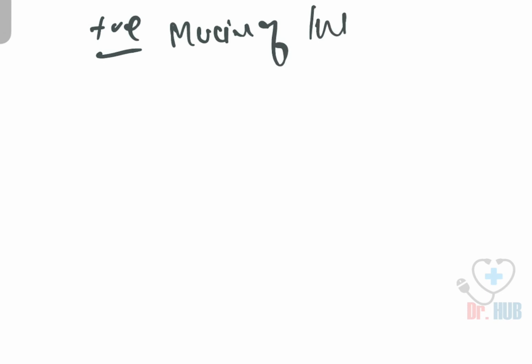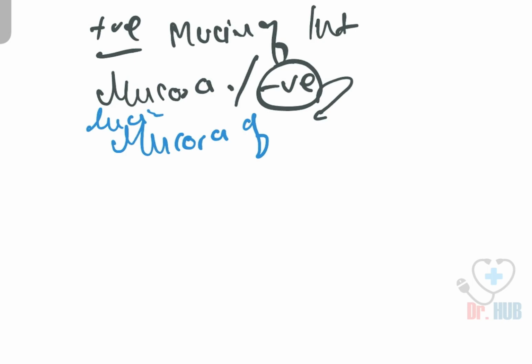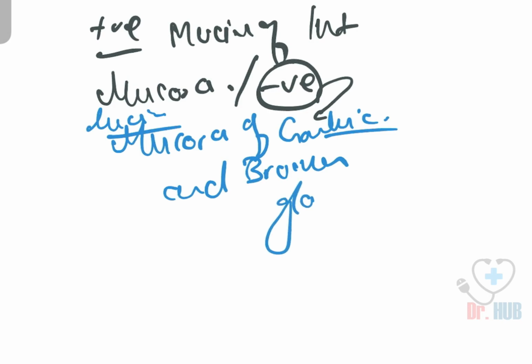The staining is positive for the mucins of the intestinal mucosa, and it is negative for the mucins of the gastric mucosa and also the Brunner's gland.